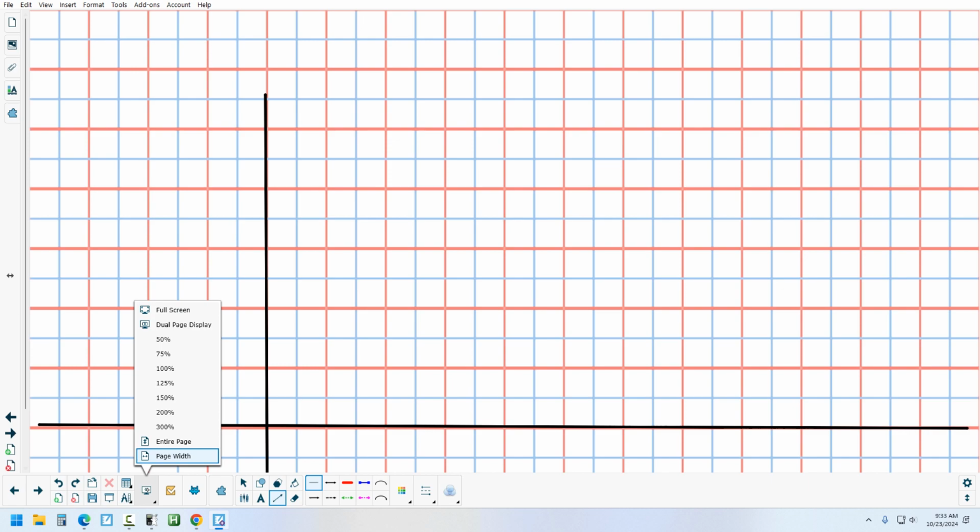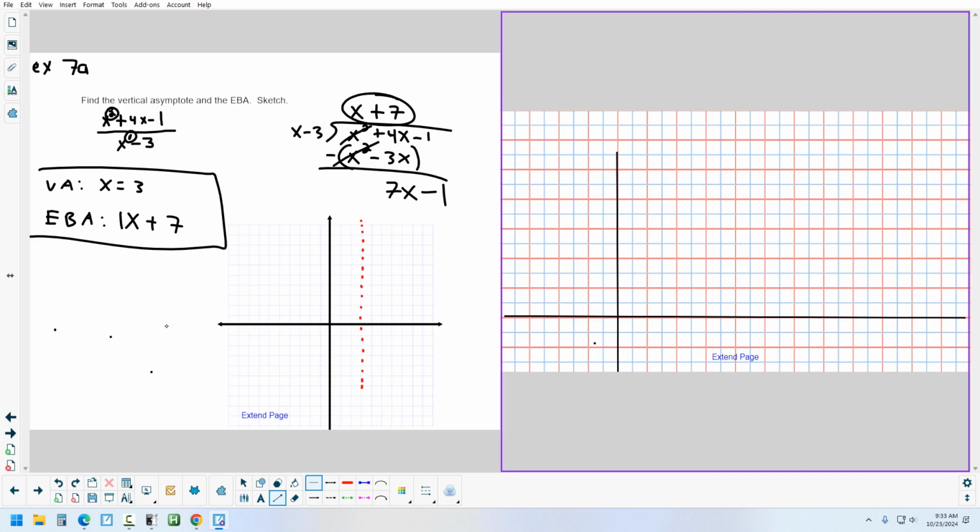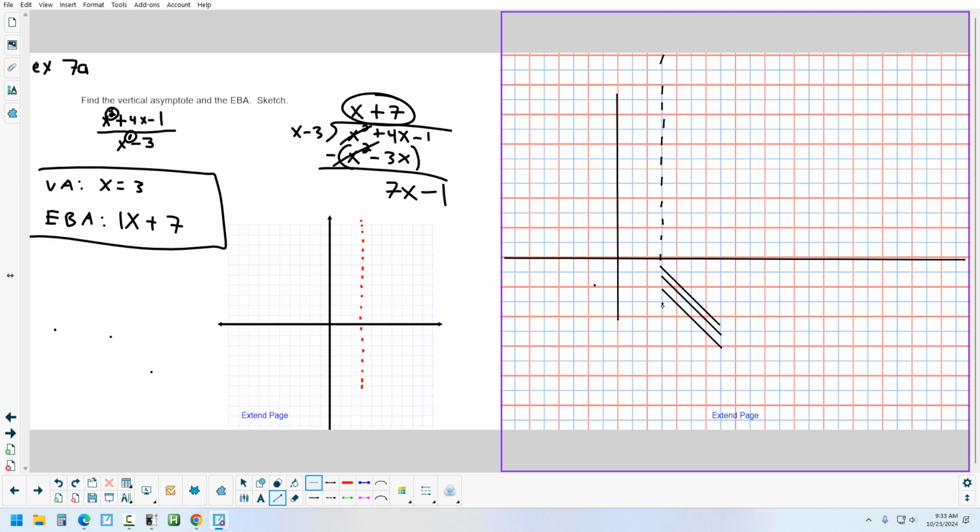Okay, so let me do both of these at the same time. So vertical line at 3. So 1, 2, 3. So that's right there.